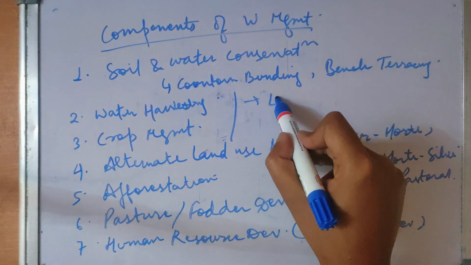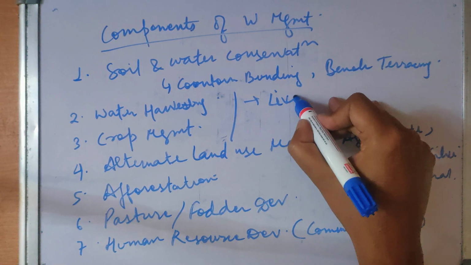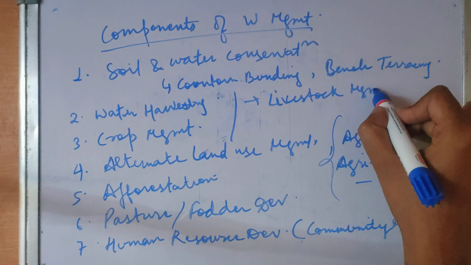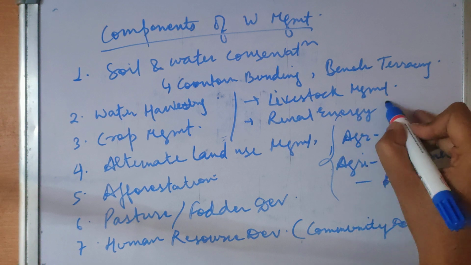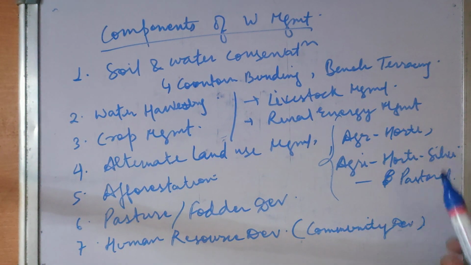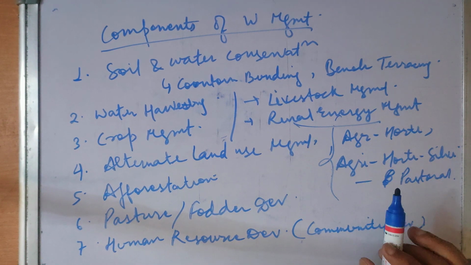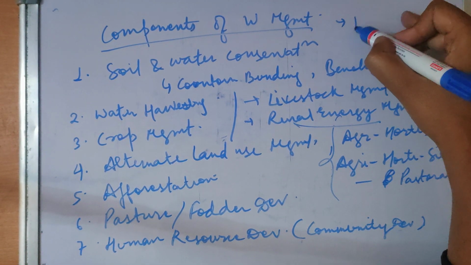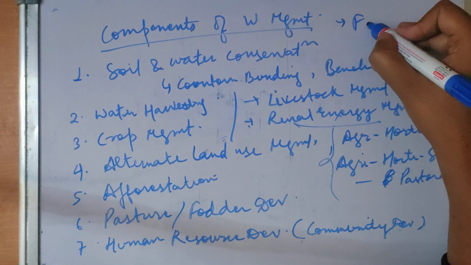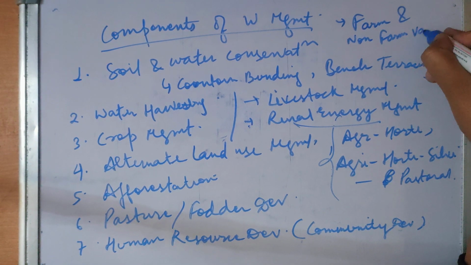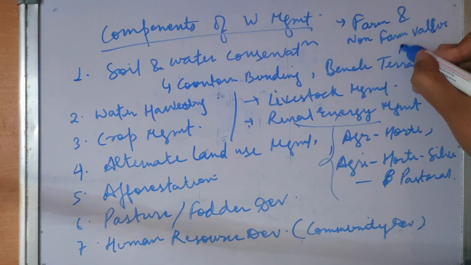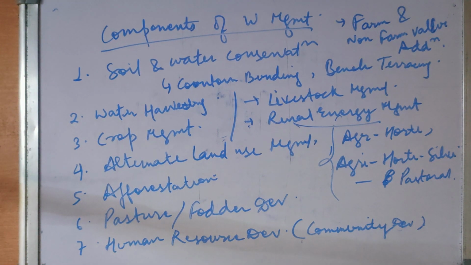Next can be livestock management, rural energy management, such as biogas. Next point here, this is the 10th. Farm and non-farm value addition activities we need to do so that we can add value to our projects.